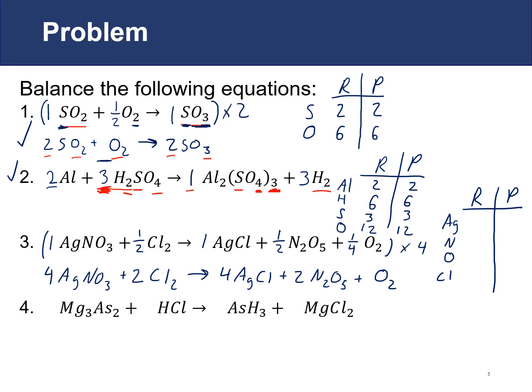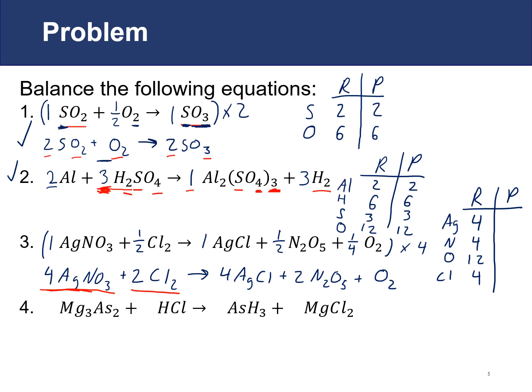On the left-hand side, I have 4 silver, I have 4 times 1 nitrogen, so I have 4 nitrogen. I have 4 times 3 oxygen, so that gives me 12 oxygen. And I have 2 times 2 chlorine, so that means I have 4 chlorine atoms on my left-hand side.